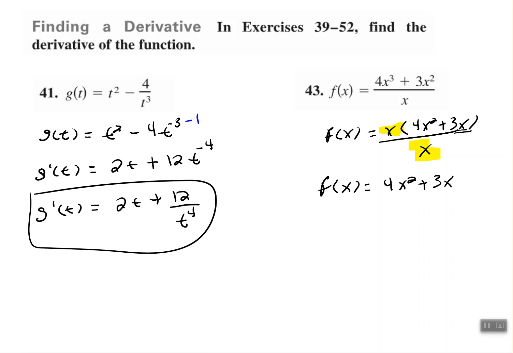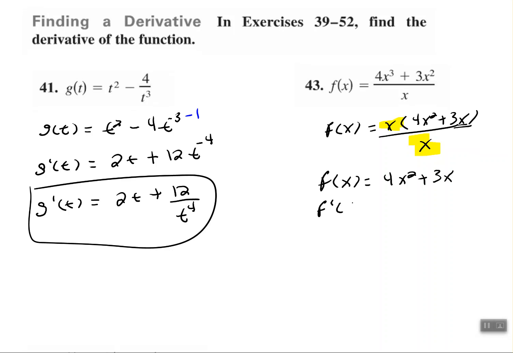And then I will find the derivative of those two functions. So 2 times 4 is 8. Subtract 1 from the exponent. Understood exponent of 1 here. 1 times 3 is 3. So f prime of x equals 8x plus 3.